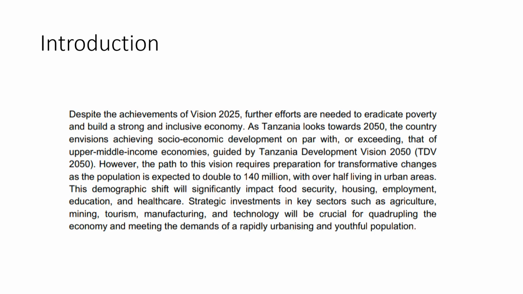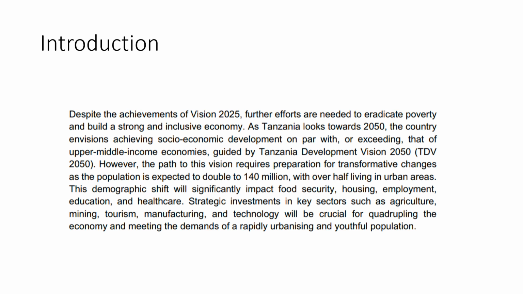However, the path to the vision requires preparation for transformative changes as the population is expected to double to 140 million. So Tanzania's population is expected to double, but also there's a lot that needs to be done for Tanzania to reach these upper middle income economies.